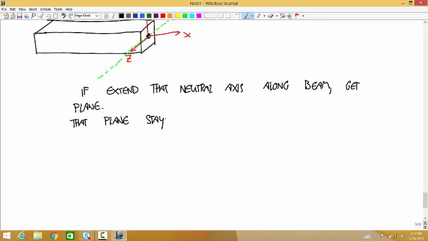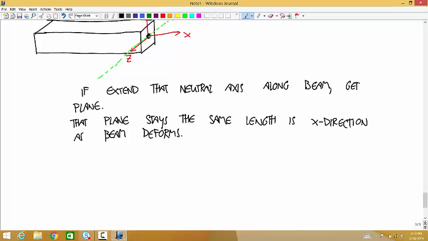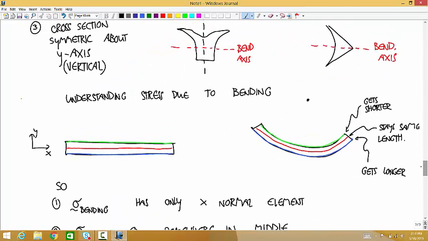It stays the same length in the x direction as the beam deforms. Okay, so what that's saying is this red line that under deformation doesn't change length, that is a side view of the neutral axis.